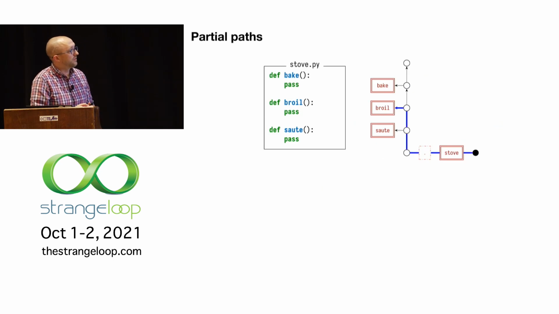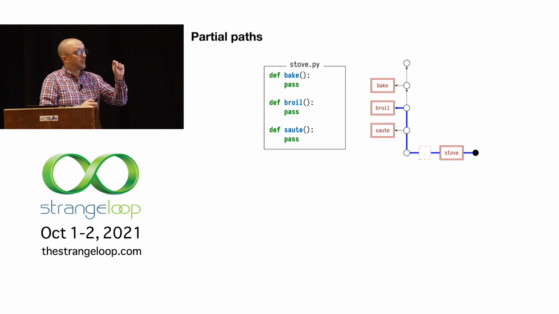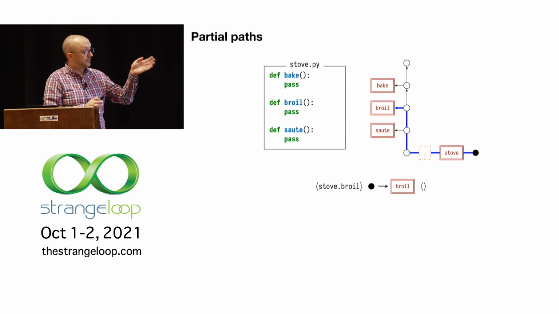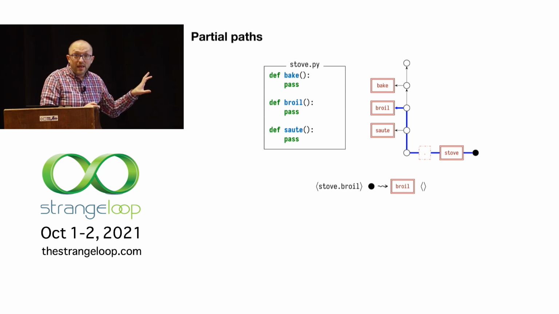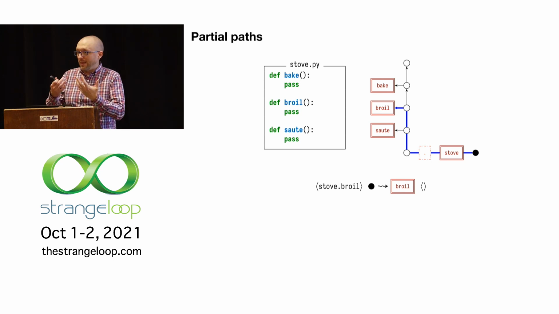We can do the same thing in stove.py. We have a path that goes from the root node to the definition. So the start node is root, the end node is that definition node. Now we have a precondition. We're not allowed to go through those red nodes because they pop things off the stack unless the stack contains the corresponding symbols. Otherwise, each of those pop nodes will be invalid and we can't use it.